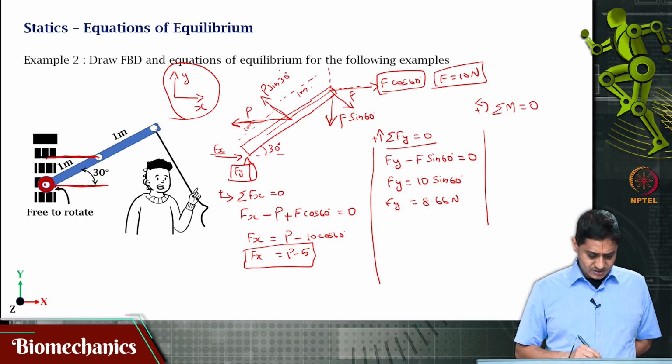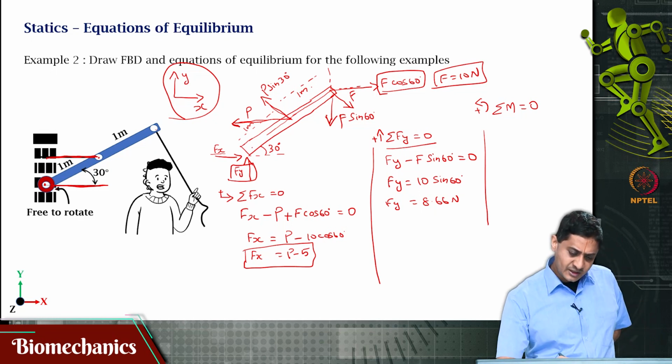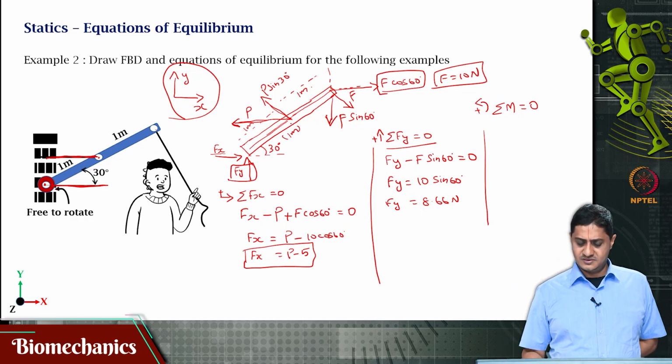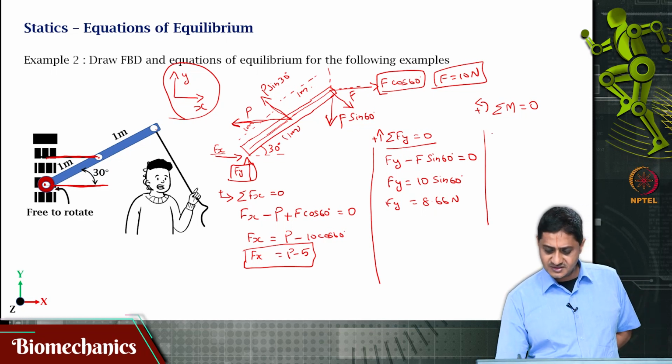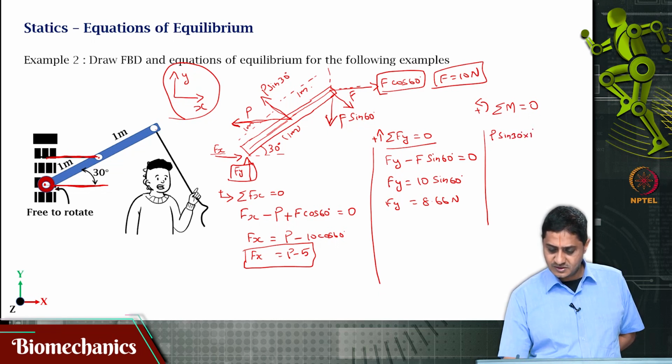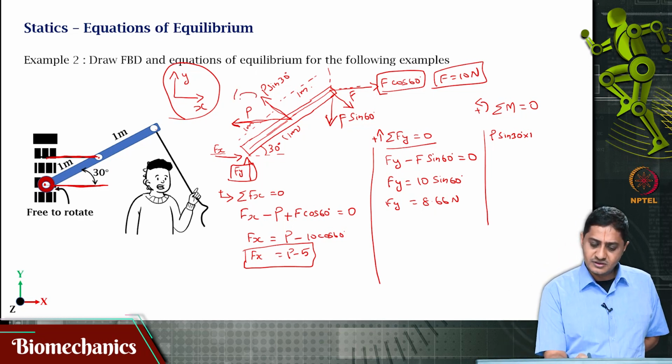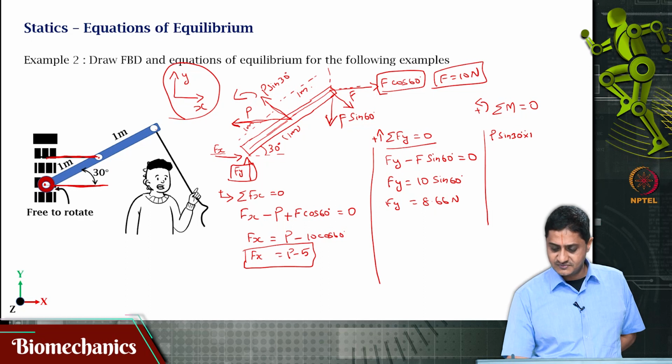That will cause a moment, and the corresponding moment arm will be 1 meter. Okay. So, I am writing the force is P times sin 30, that is the force. The corresponding moment arm is 1. Is it a clockwise moment or a counterclockwise moment? That will be a counterclockwise moment. So, that is positive.